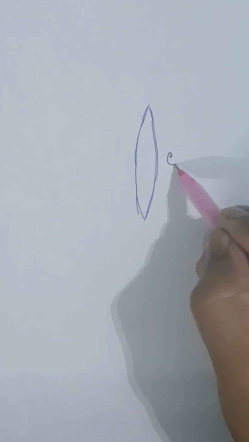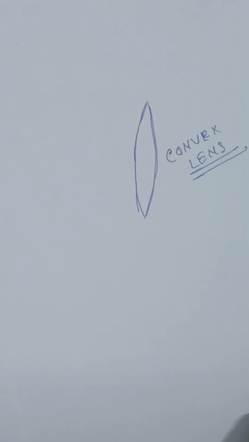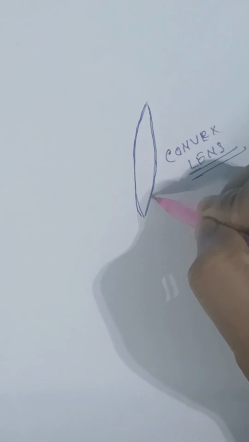This type of diagram, or representation, is used for convex lens.